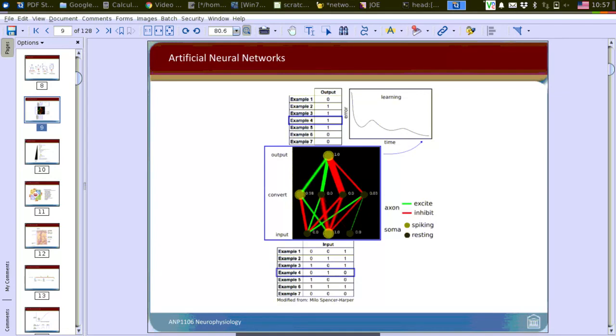This network includes 3 input neurons. So we can see down here, there are 3 input neurons. These connect to 4 interneurons, which will be used to convert the activity into an output activity.